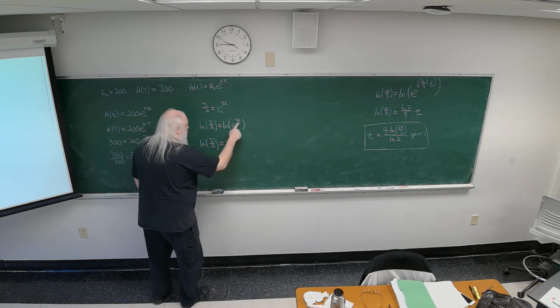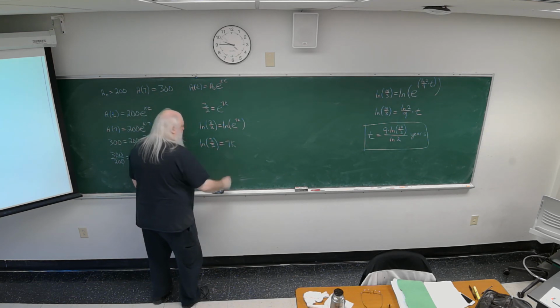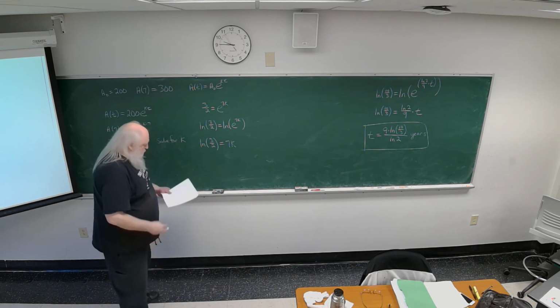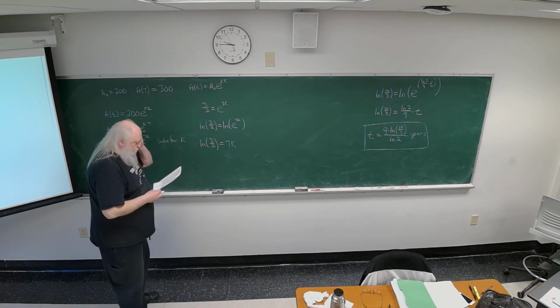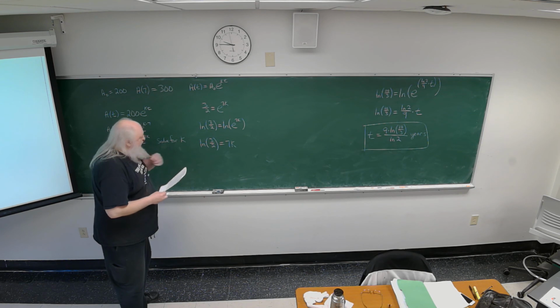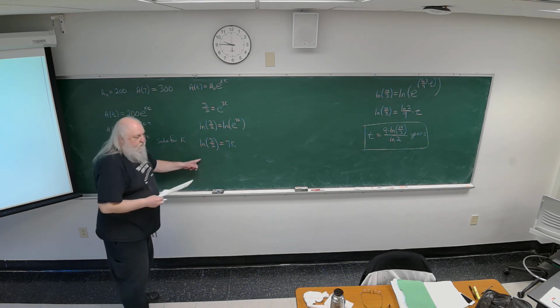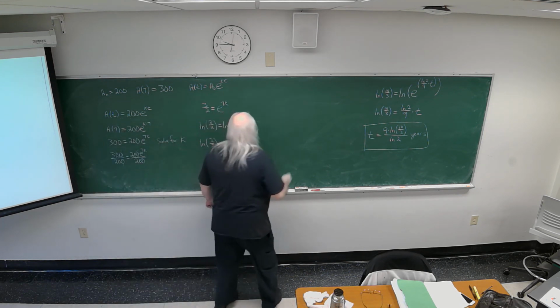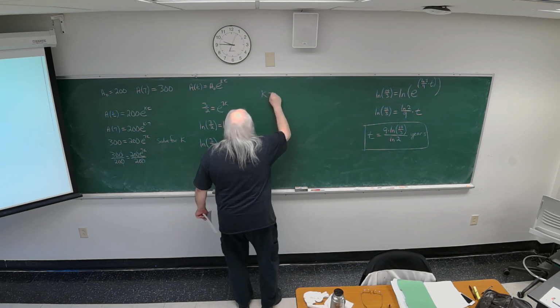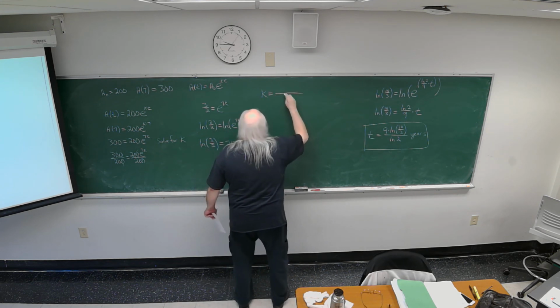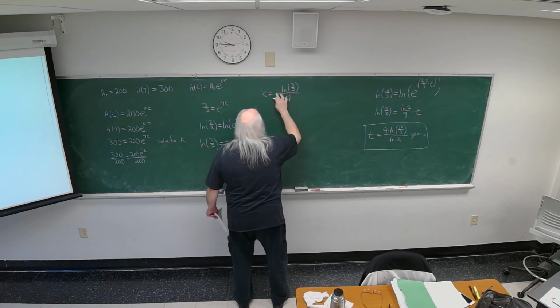And the right-hand side is equal to the exponent, 7k. And now I divide both sides by 7 and switch the two sides, and I get the growth rate is equal to the natural log of 3/2 divided by 7.